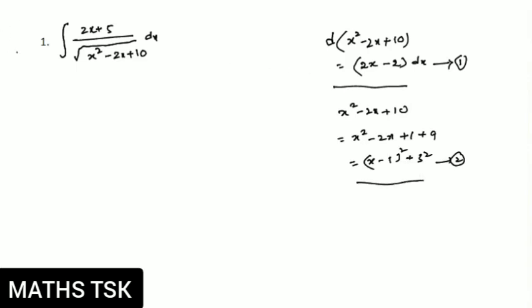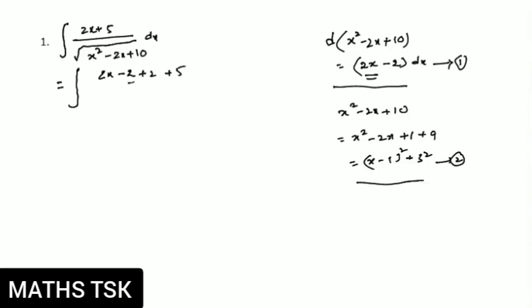Now I move on to the problem. I consider this as an integration. Look here, 2x is needed, and 2x is there. Now, without writing 2x + 5 as A into d/dx of (x² - 2x + 10) plus B, and then differentiating and equating, I will directly do it like this. 2x is there, and then -2. Here +5 is there, so I add -2 and add +2, and 5 is already there.